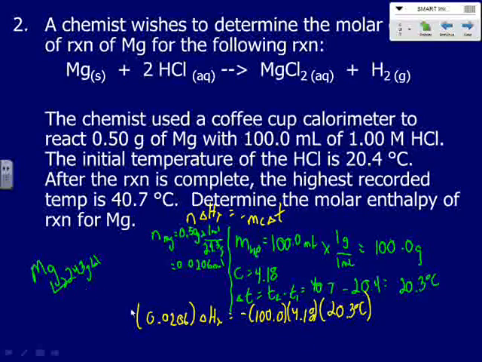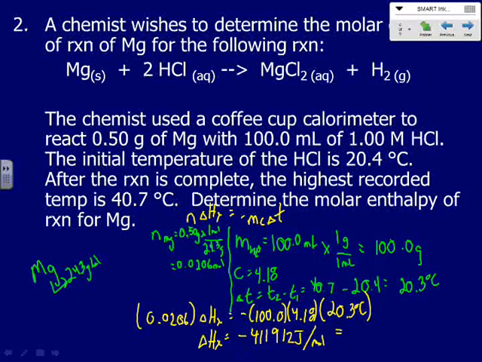Again, I'm running out of room, but we're going to divide off the moles to make a molar enthalpy. And the molar enthalpy ends up being negative 4.11912 times 10 to the 5 joules per mole. Now, the last examples I didn't do this, but it is important.